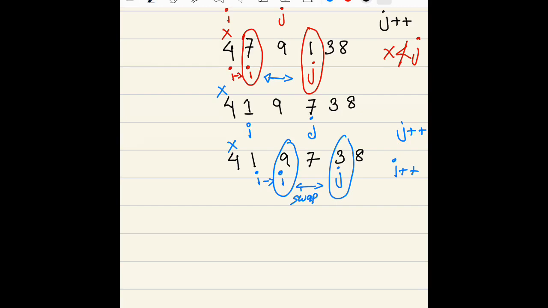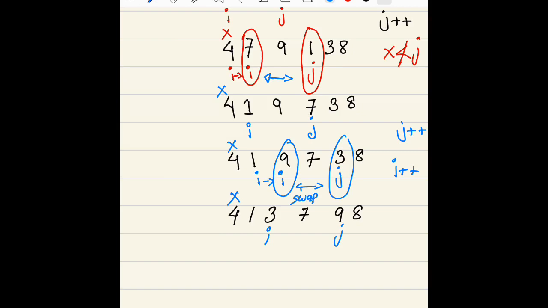So what do we have after swapping? It would be 4, 1, 3, 7, 9, and 8. So x is still in its position here, and i is now 3 and j is 9.